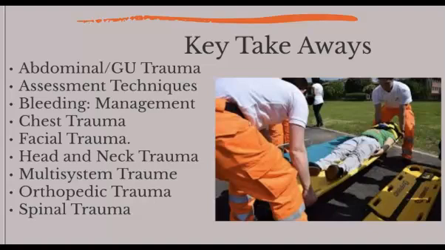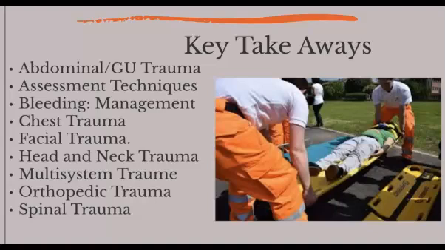And multi-system trauma, those are going to be complex cases, and it could involve multiple injuries. So emphasize stabilization and fast transport. Orthopedic trauma is going to be splinting if there is a pulse, and realigning one time, gentle traction if it is pulseless. And then soft tissue trauma, you're going to focus on managing injuries to soft tissues and recognizing the need for that.